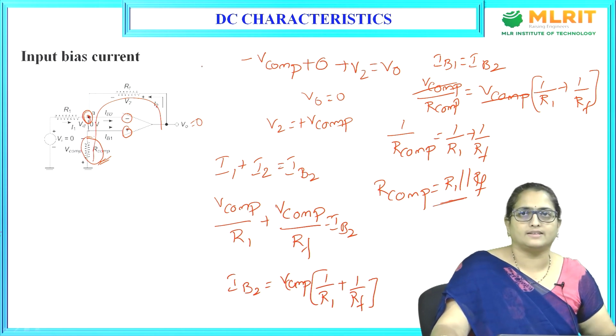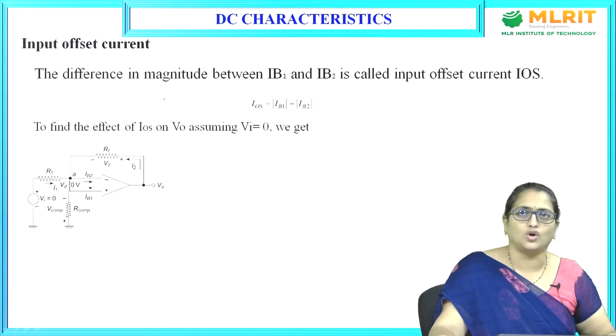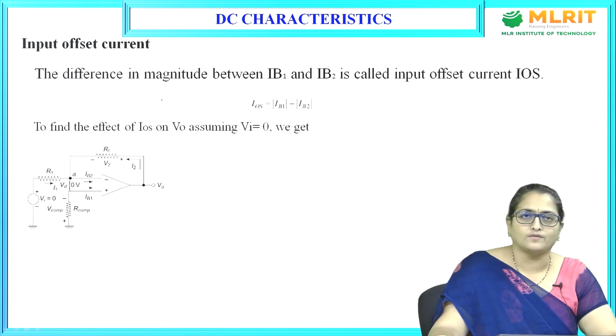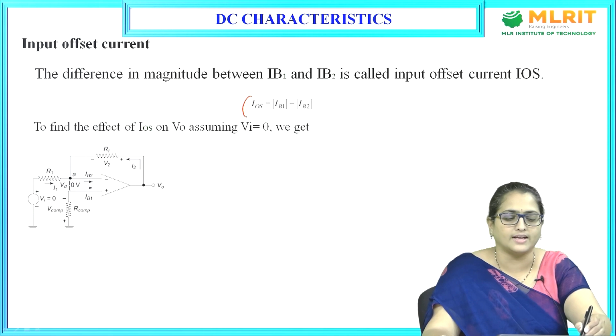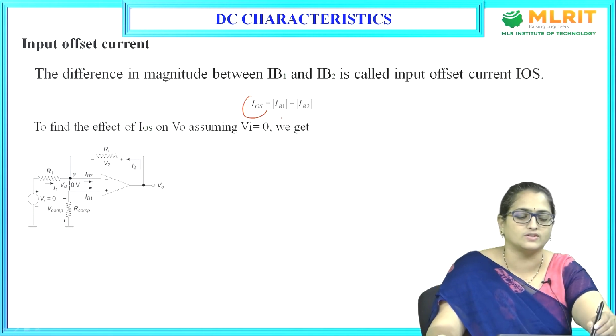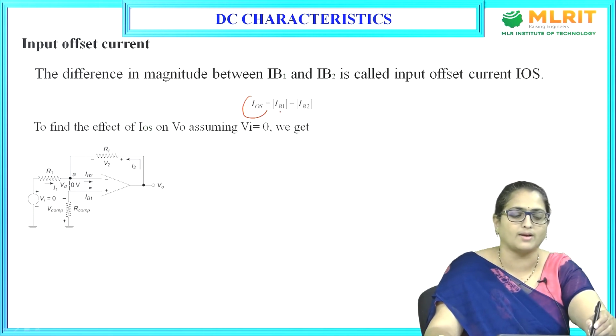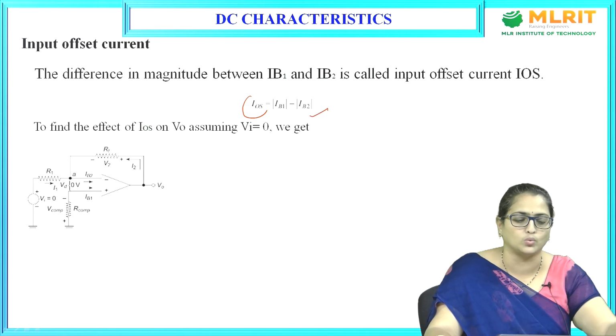The second DC characteristic is input offset current. Input offset current is defined as the difference between the magnitude of IB1 and IB2. That is, IOS is defined as input offset current, which is the difference between the magnitudes of IB1 and IB2.